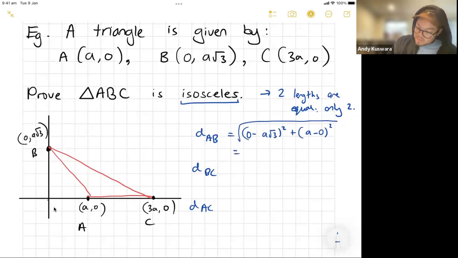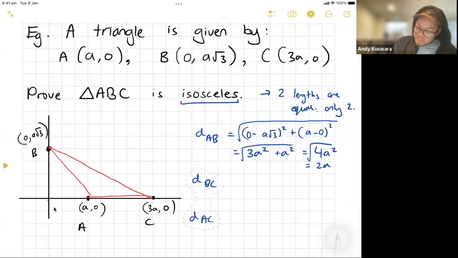That's going to give us 3a squared plus a squared, which equals 4a squared, which just gives us 2a. Okay. Let's try the next one. By the way, if this arithmetic is a bit too quick, I apologize. Maybe slow it down and see where I'm getting these from. I'm using my distance formula here.